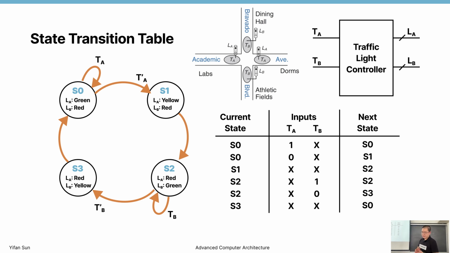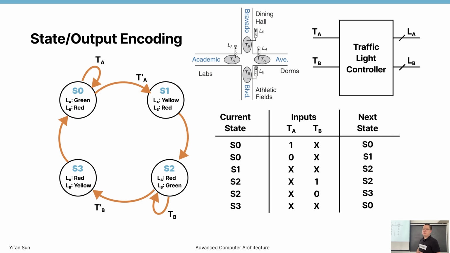Okay, so next task is we want to consider state and output encoding. So we want to encode the state and output. We want to represent the state and output with binaries. So how many bits does it require to encode the state? It's always a 2 to the power of n problem.